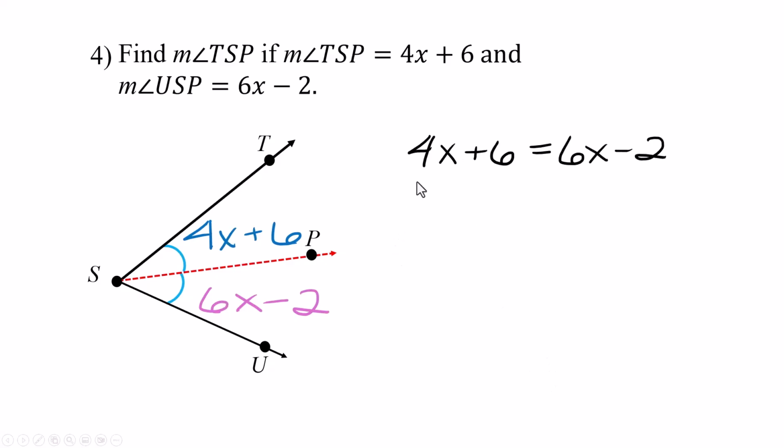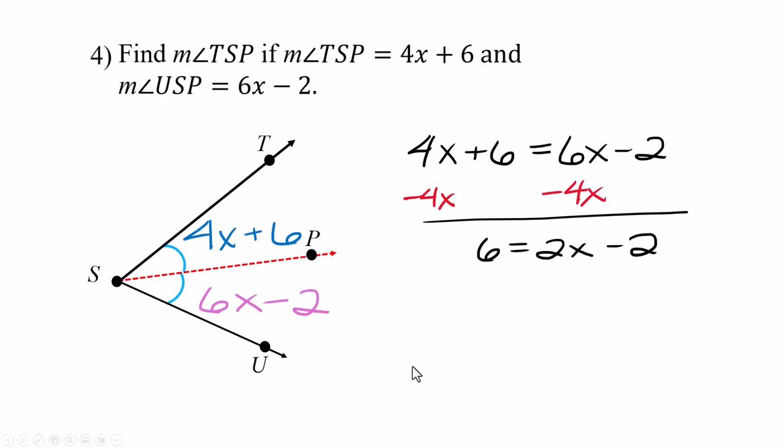We're going to start solving, and there's more than one way to solve a problem like this when you have variables on both sides. Just out of habit, I like to subtract the smaller value of x because it gives me a positive x to work with in the next line. Now, 6 equals 2x minus 2.